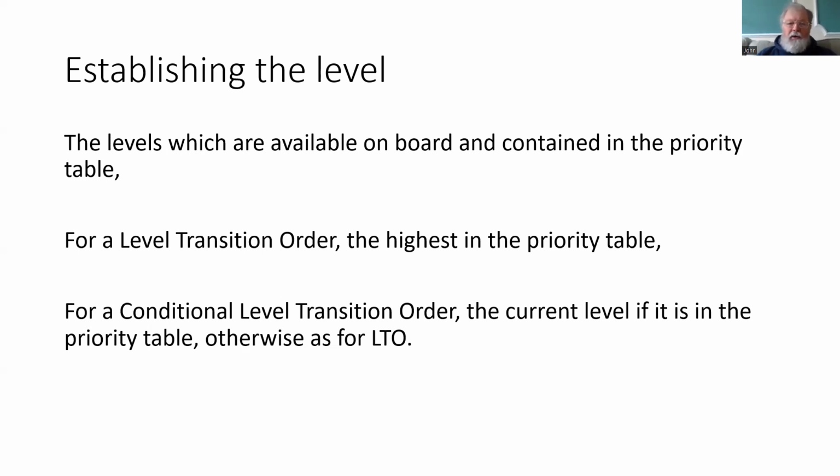Having established which levels are in both, then for a level transition order, it is the highest in the priority table which is adopted. Whereas for a conditional level transition order, if the current level is already in that priority table, nothing happens. Otherwise, it is the same as for a level transition order, with the highest in the priority table being adopted.